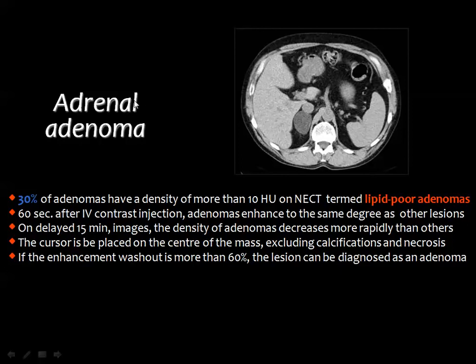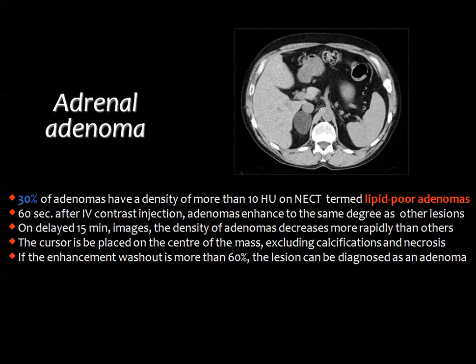Another form of adrenal adenoma is known as the lipid-poor adenoma. This represents about 30% of the adenomas, which will behave as follows. Number one, in the pre-contrast scans, the density of this adenoma will be higher than 10 Hounsfield unit. If you inject a contrast, the adenoma will enhance similar to any other structure.